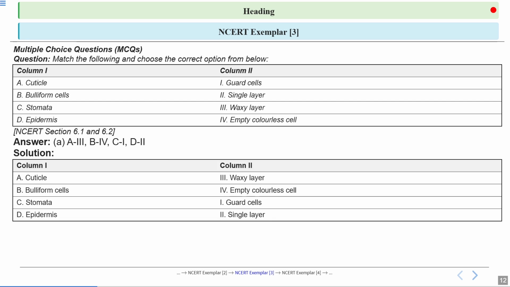The correct answer is option A. Cuticle is a waxy layer, right? We all know that the cuticle is the waxy layer present on the stem as well as on the leaf. But this cuticle is totally absent in roots. So cuticle gets matched with the waxy layer.